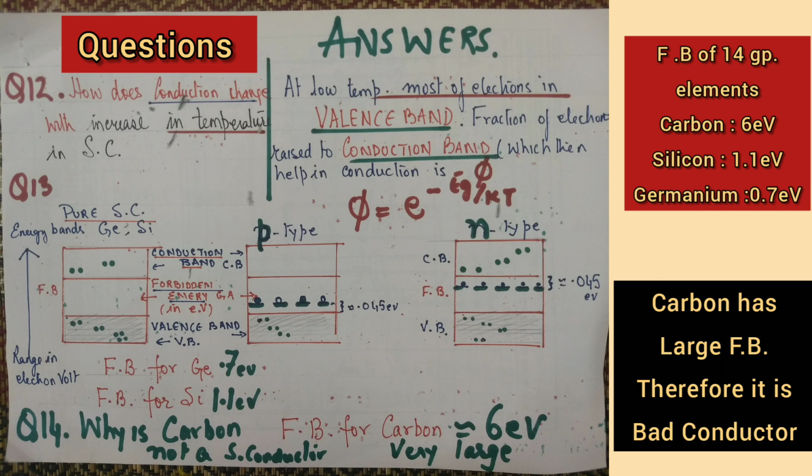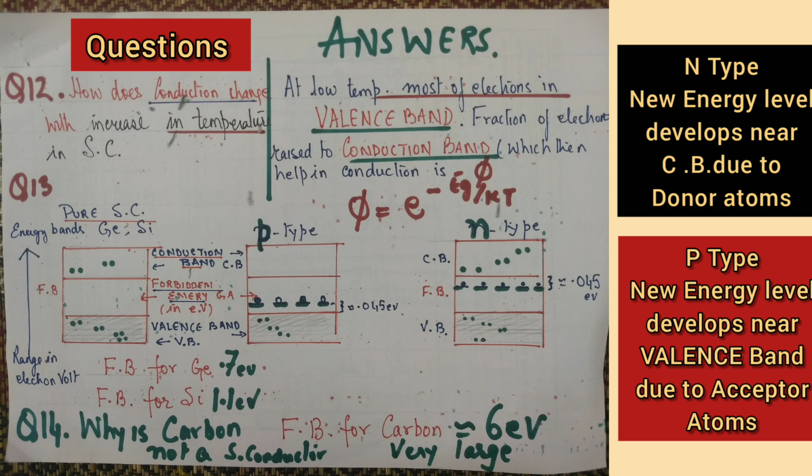Carbon, silicon, germanium are all 14th group tetravalent atoms. But carbon is an insulator, a bad conductor, because its energy range is very high, 6 electron volts, whereas the forbidden band of silicon is 1.1 electron volt. The forbidden band energy range in germanium is 0.7 electron volt. So in these two cases, semiconductors, electrons gain energy, can easily move on to the conduction band, become free and help in conduction.